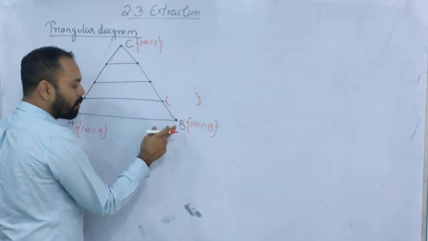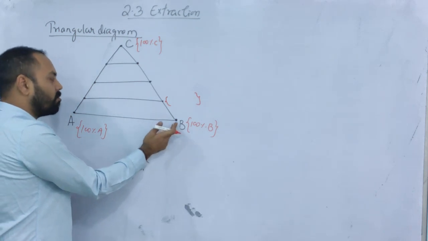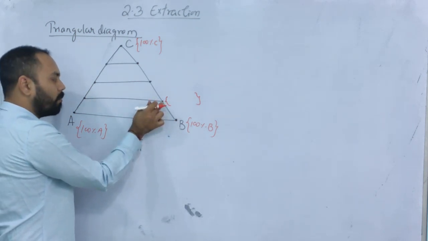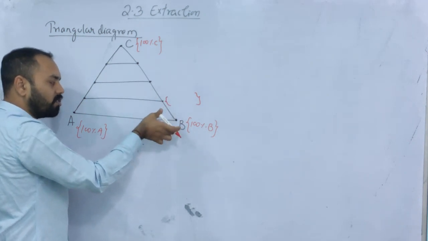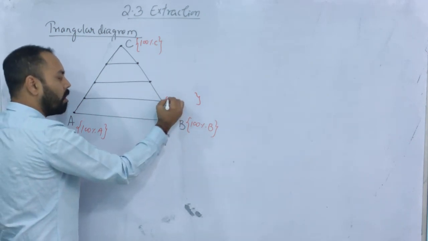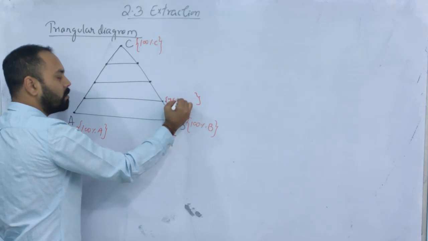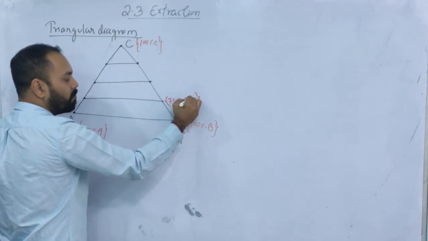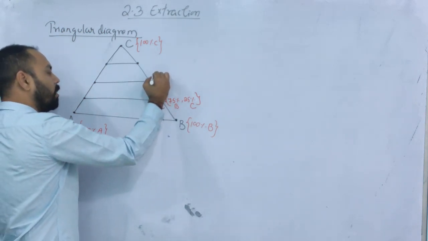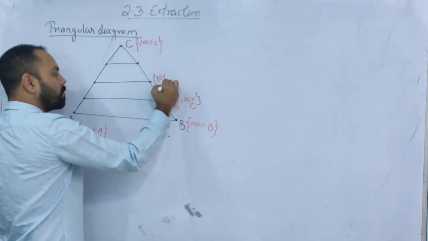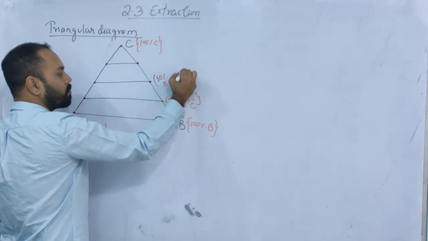This is 100% B. As you move away from here, this point represents a mixture of B and C, but one step is a change of 25%. So you should have here 75% B and 25% C. Similarly here, it is 50% B and 50% C.